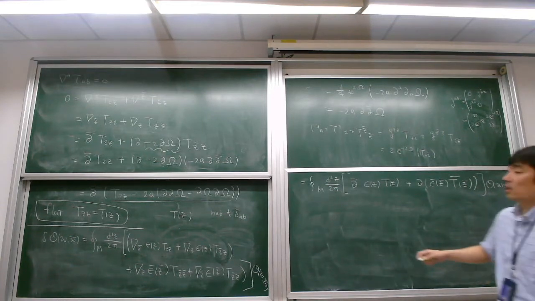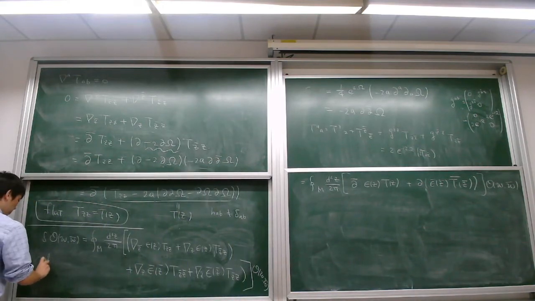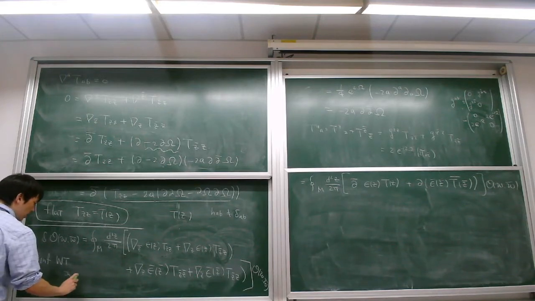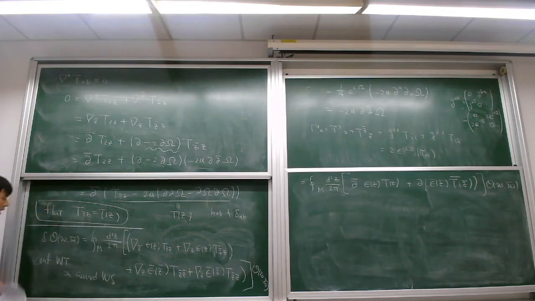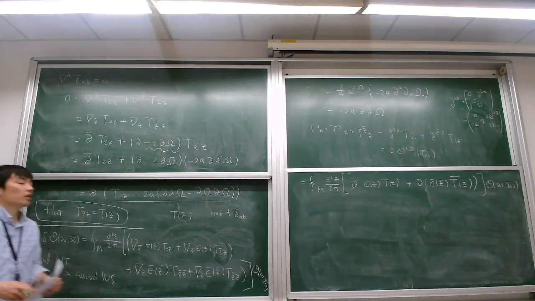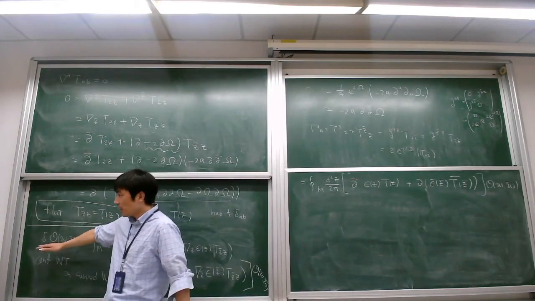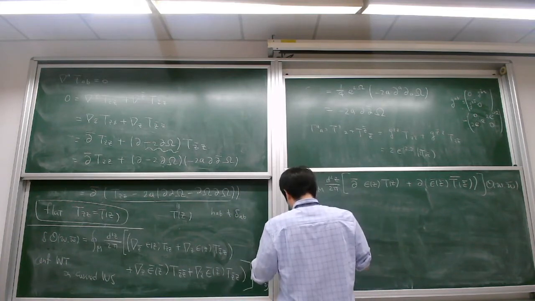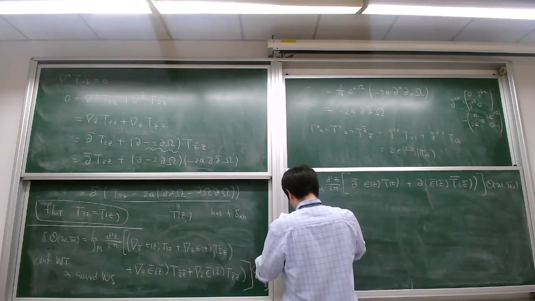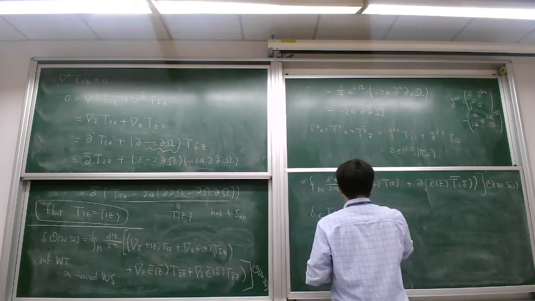So once you plug in, this is the conformal Ward identity on the curved worldsheet. And we plug in the operator here, replace the operator by T(w), whatever. Therefore delta epsilon of T can be understood as the contour integral.